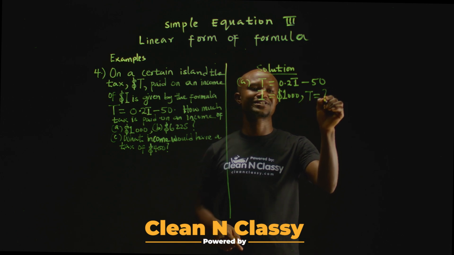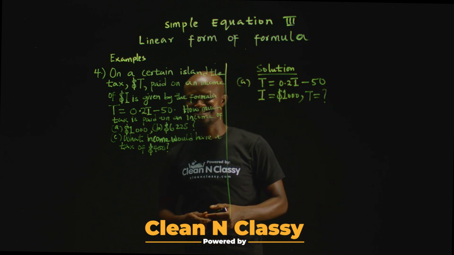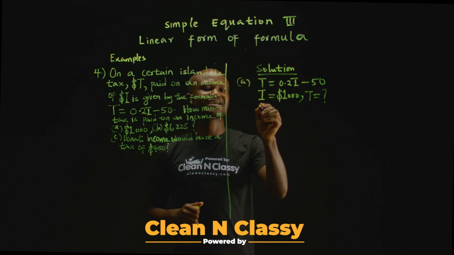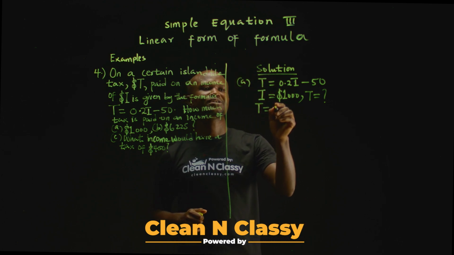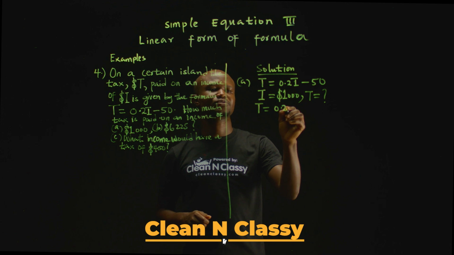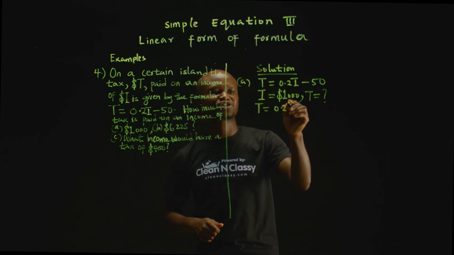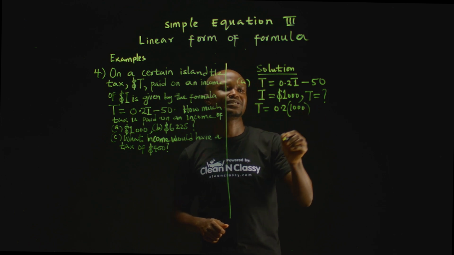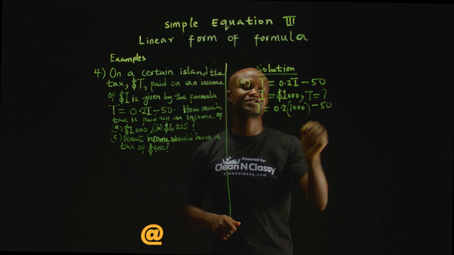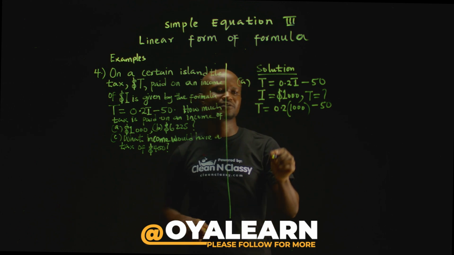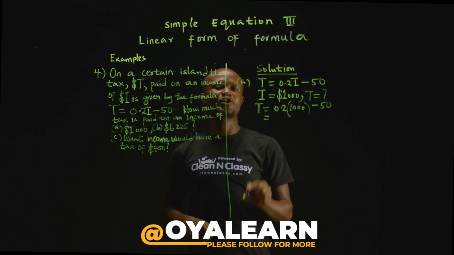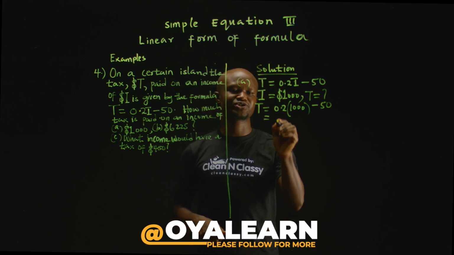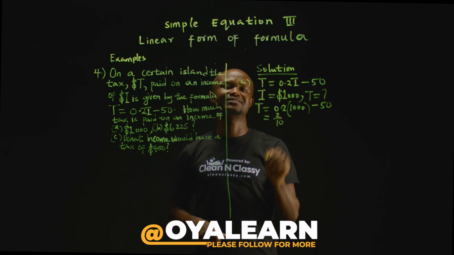Now we want to look for T. T represents the tax. So in this case, T will be equal to what? 0.2. Anywhere we see I, we substitute 1,000. Then minus 50. Now, 0.2 is the same thing as what? 2 divided by 10.